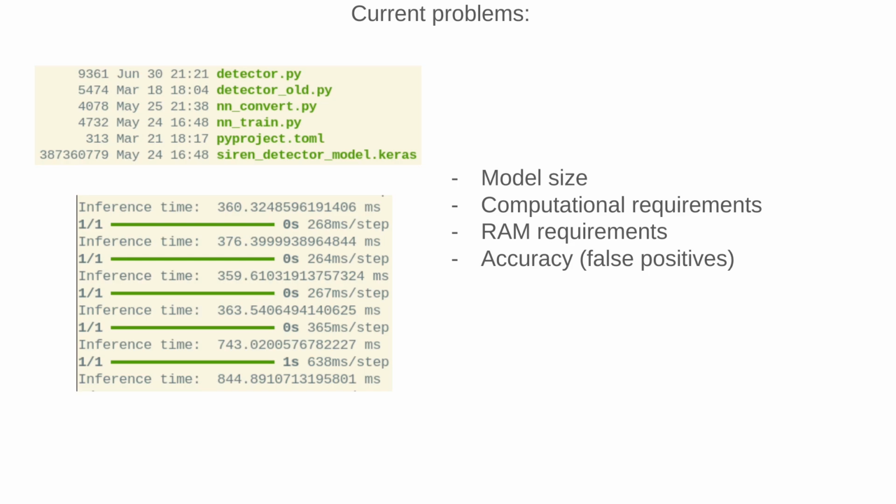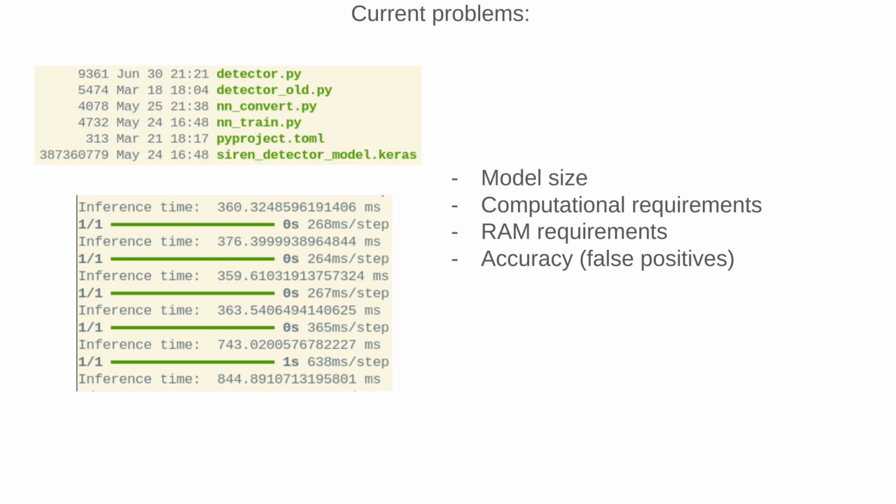As you maybe remember, we change our buffer with sound every 100 milliseconds. And as you can see, sometimes inference time is about 1 second. Yeah, it's less than 1 second, but it's quite slow. And this is on a laptop.